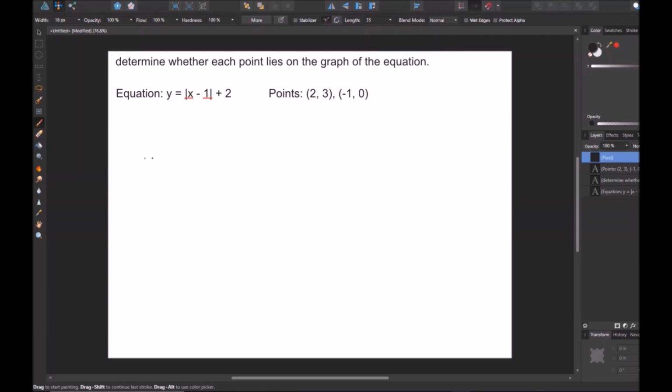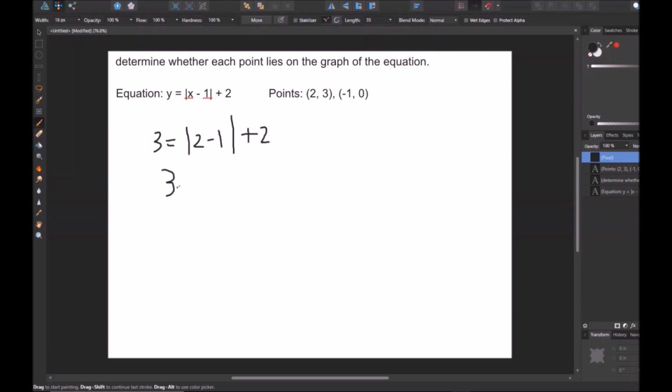So for the first point, we'll plug in 3 for y, and we'll plug in 2 wherever we see x, and then we will add that plus 2. And in terms of order of operations, the absolute value sign works similar to parentheses. So you want to solve whatever is in the absolute value before continuing on to this plus 2.